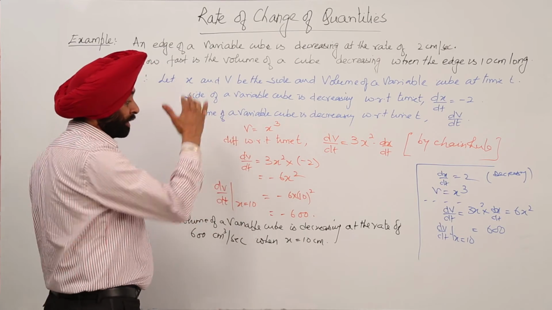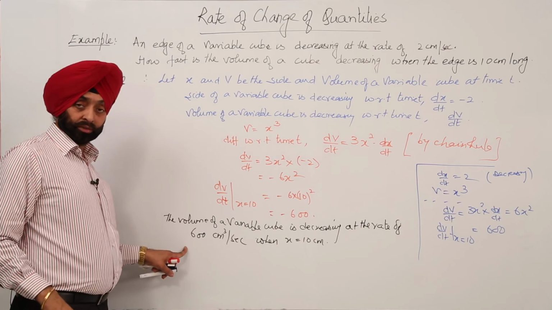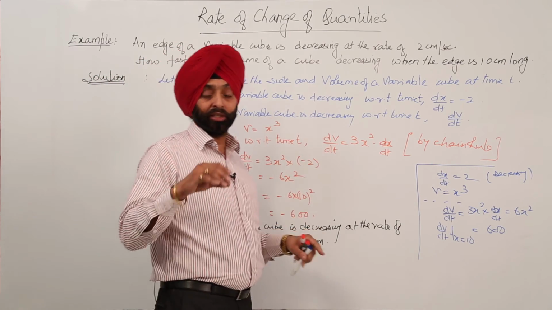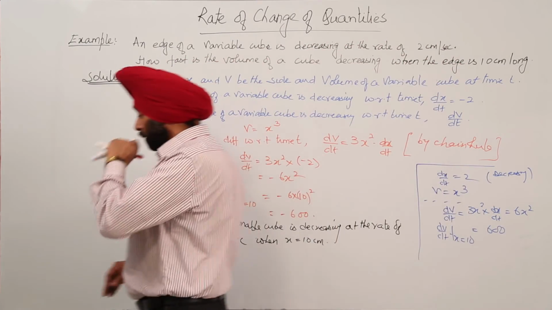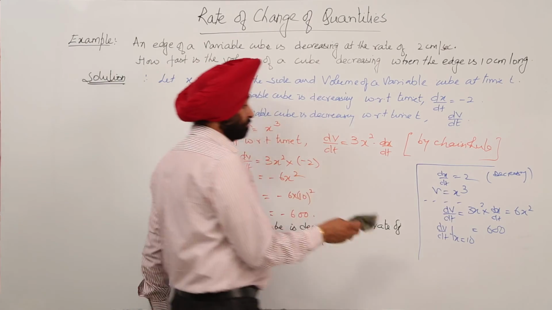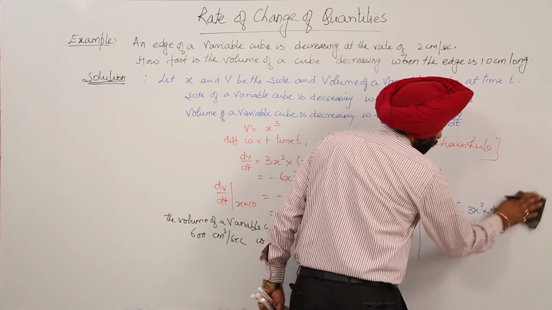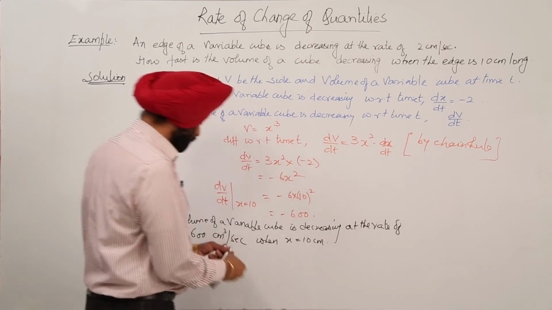Either you can move with negative 2, it will show negative, but don't write this negative here in the answer. If you are writing only 2 and in the statement you are mentioning it is decreasing, that's very nice. Okay. So this is just for your quick review. Okay. So this is the answer now.